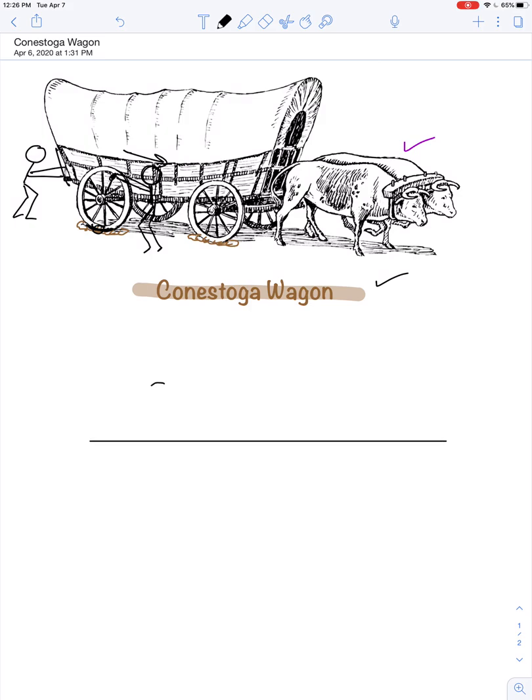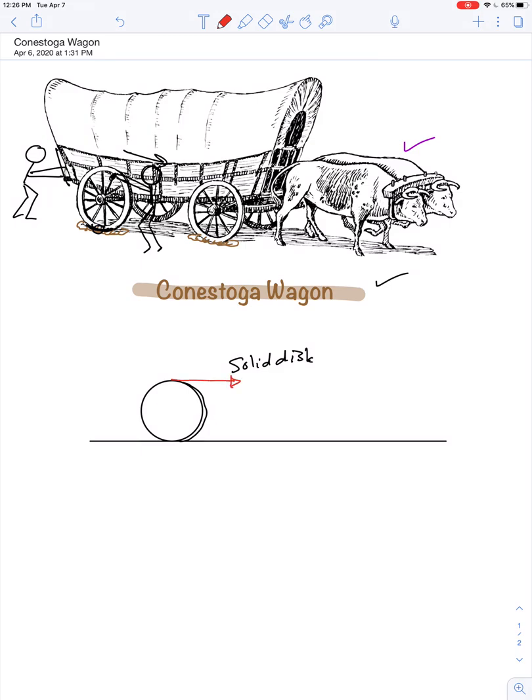So let's draw that. So we'll say this is a solid disc. Maybe we can draw that in. And then we're going to apply a force at the top.